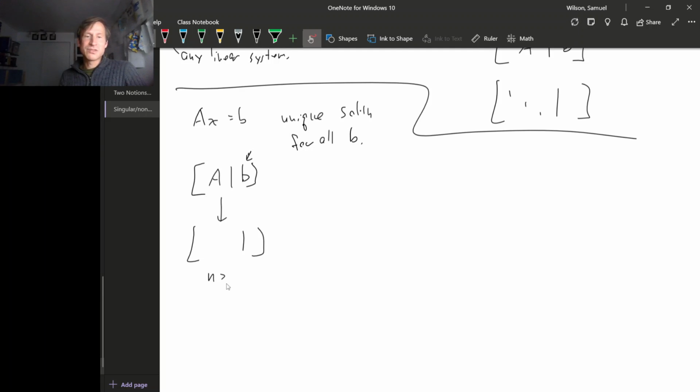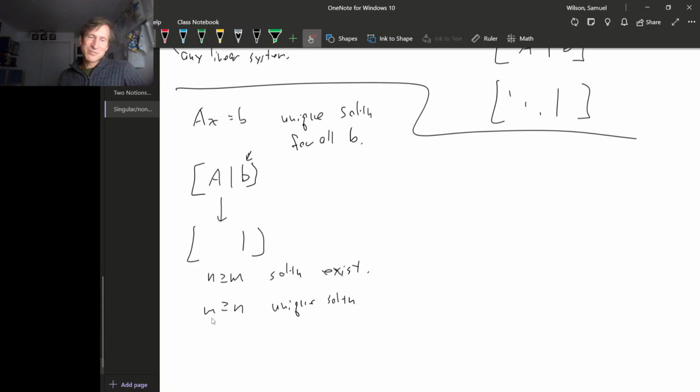you have to have at least as many columns as rows, right? So this is for a solution to exist. For a solution to be unique, you have to have at least as many rows as columns, right?